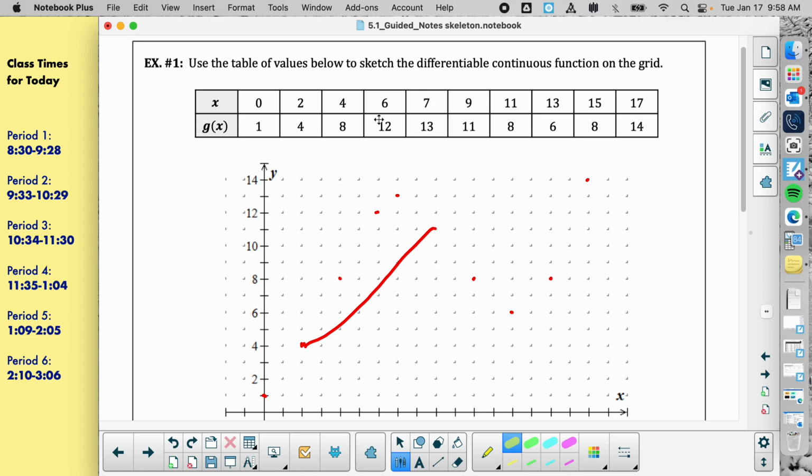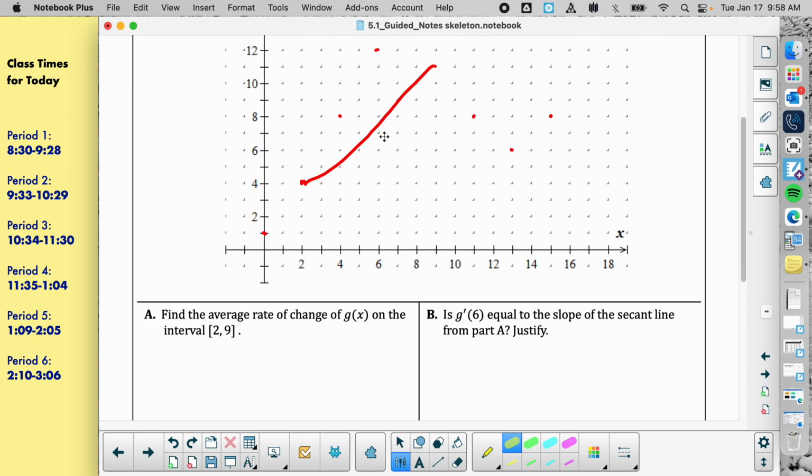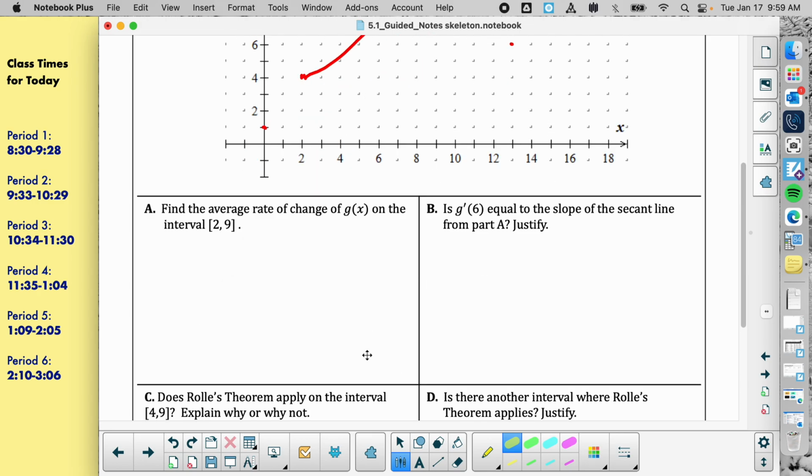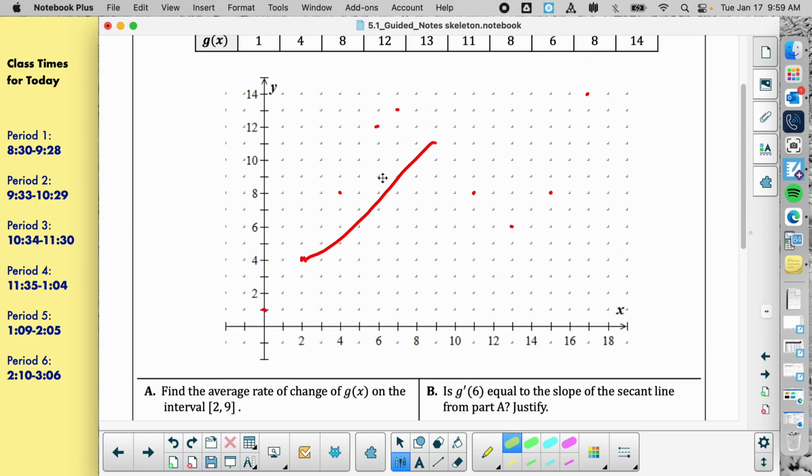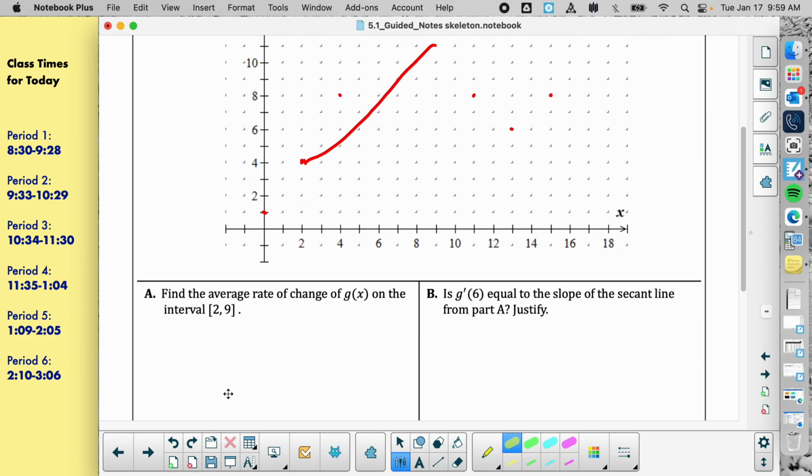G prime means the instantaneous slope, and we don't know enough information to find that out. So we wouldn't know if this is true or not. It might be. We just don't know. That's why your question was so difficult from the start. You were trying to calculate the average at 6, I think, right? That's what it sounded like to me.